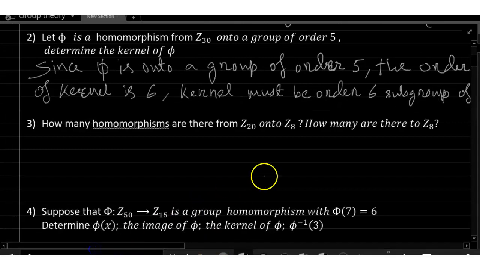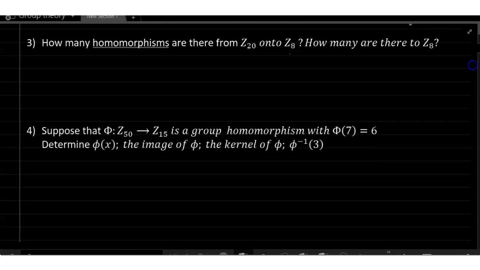How many homomorphisms are there from Z20 onto Z8?